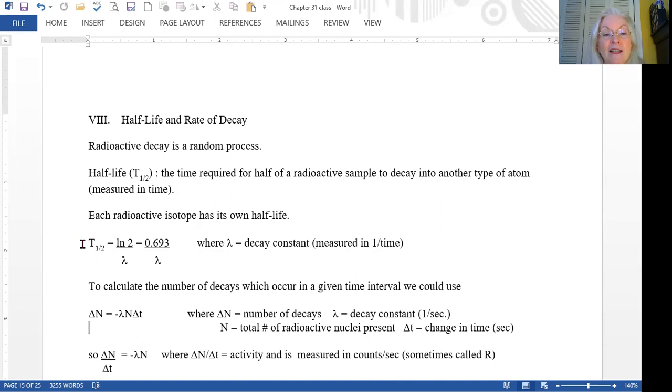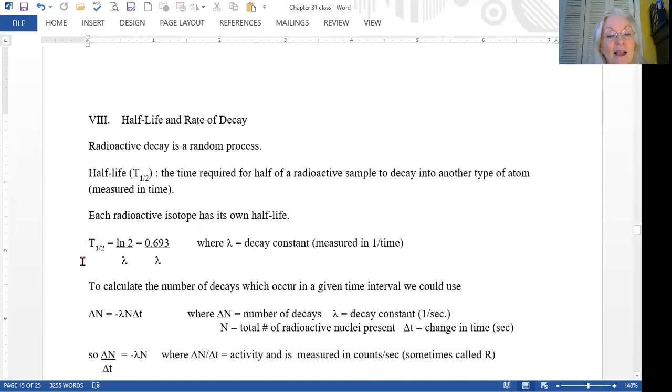Lambda in this instance is the decay constant. Just like half-life is measured in units of time, lambda will be measured in units of 1/time. So if your half-life is in years, lambda will be in 1/years. If your half-life is in minutes, lambda will be in 1/minutes.